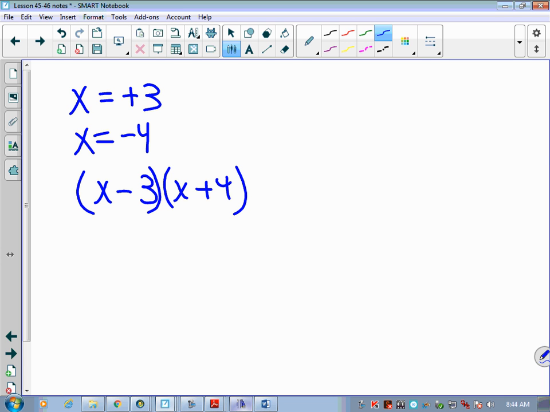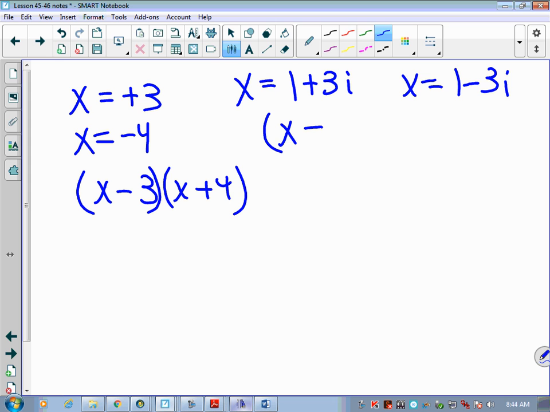But because we're doing this with a complex set of numbers, where they're saying x equals 1 plus 3i and x equals 1 minus 3i, what we're really saying is x minus (1 plus 3i) times x minus (1 minus 3i). And we would have to FOIL all of that out in order to get it.